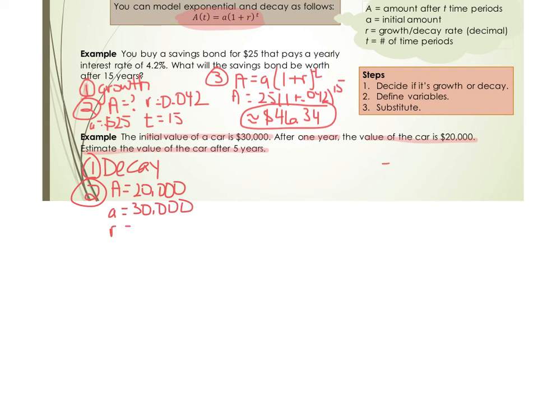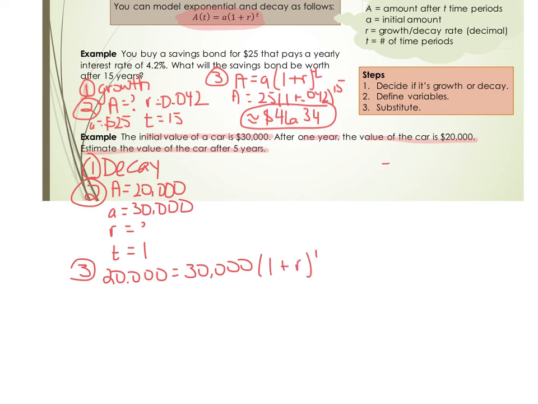We don't know the rate, and we do know the time is 1. So when we set up our formula, we will have 20,000 equals 30,000 times 1 plus r to the first power.